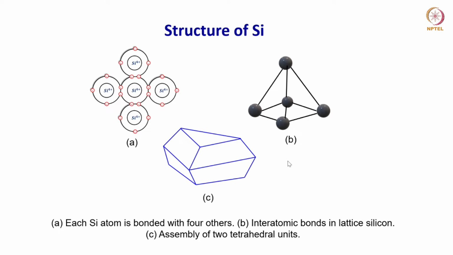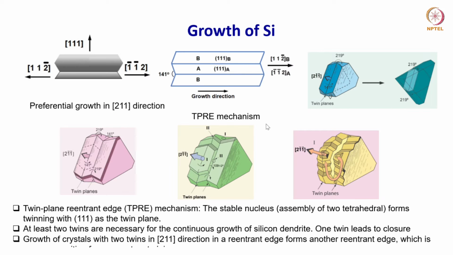That's what we discussed, and that particular direction is the <211> direction, as you could see over here. And this happens through a mechanism which goes by the name TPRE, that stands for twin plane reentrant edge.